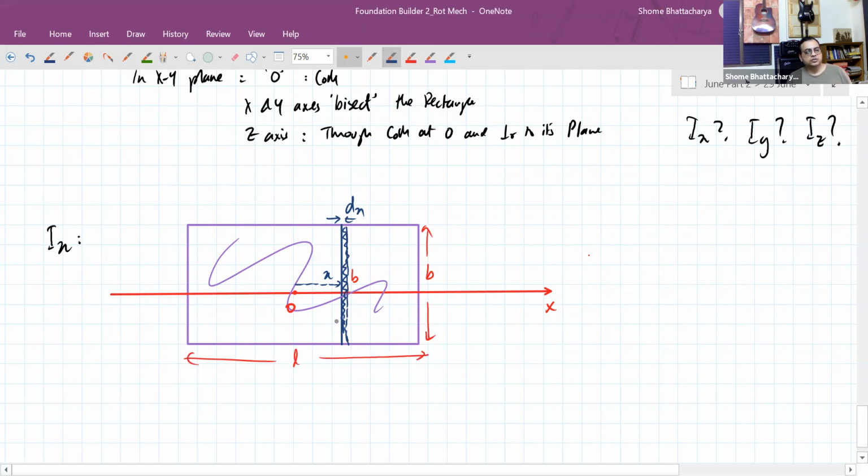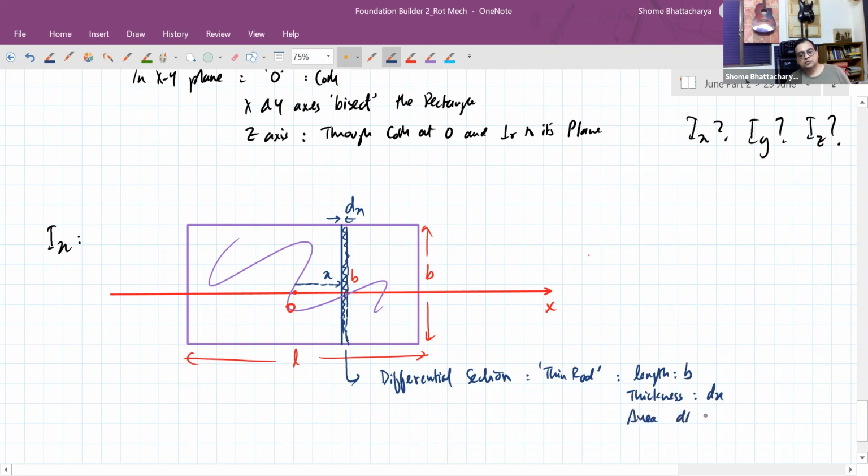So this differential section, you can say, is like a thin rod. So it has a length of b and thickness of dx.